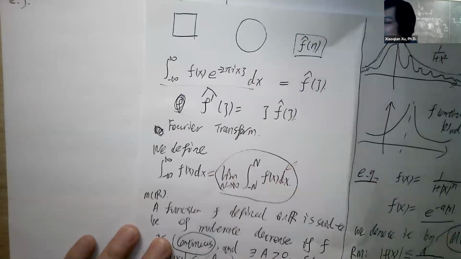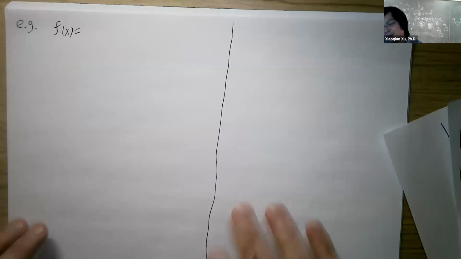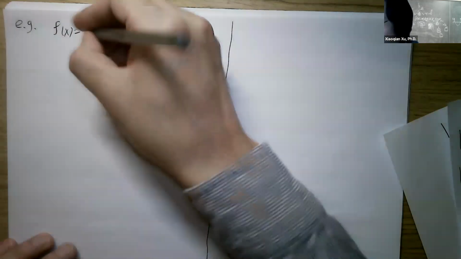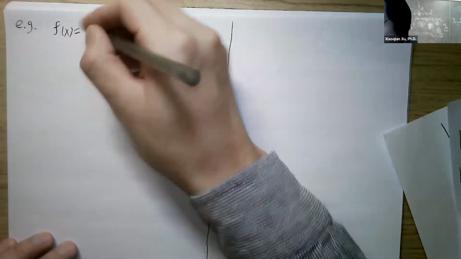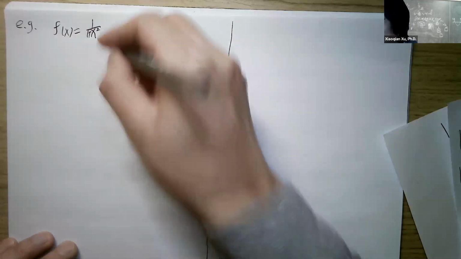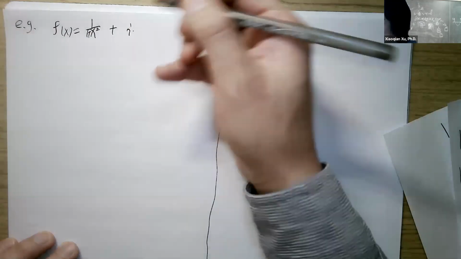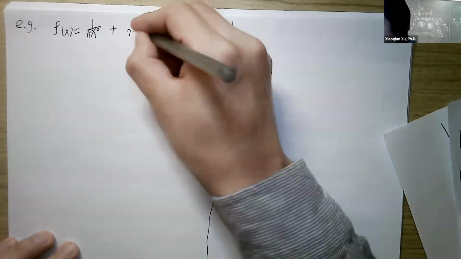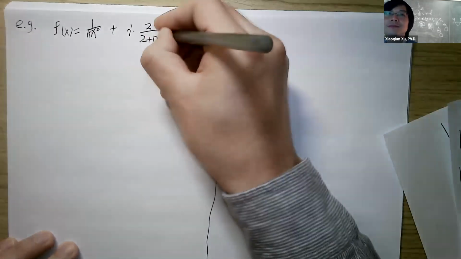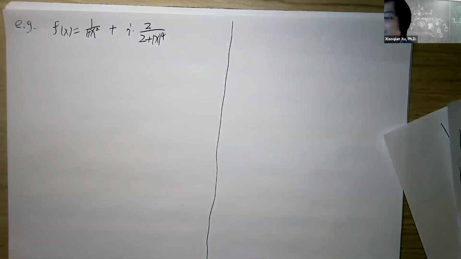Because we are interested in this kind of function, eventually we want to define the Fourier transform. So your function could be something like 1 over x squared plus i times, say, 2 over 2 plus x to the 4th. This could be your function.